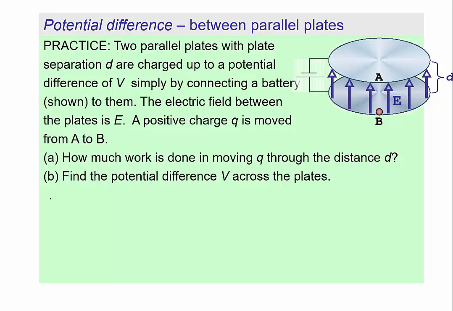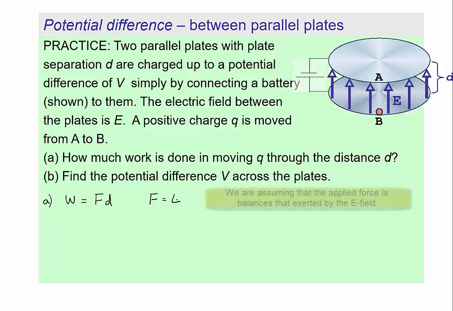So what we're going to do is have a look at, for part A, the work is just force times distance, and we also know that the force against the field will be the electric field strength times the charge, because the electric field is defined as the force per unit charge. And we know this force doesn't change in that space because the electric field is constant throughout that space.